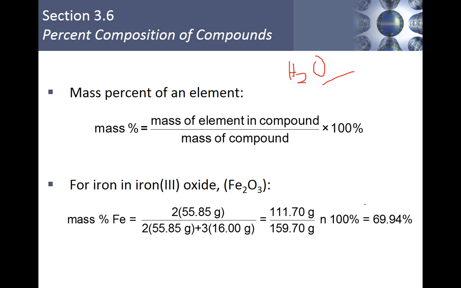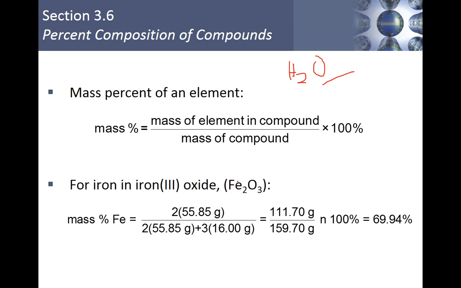They actually illustrated an example for us right here. I think this came from the book. It says iron(III) oxide. We just went through the process of converting names to formulas, so you find out that it's Fe2O3. We're trying to figure out how much iron is present.